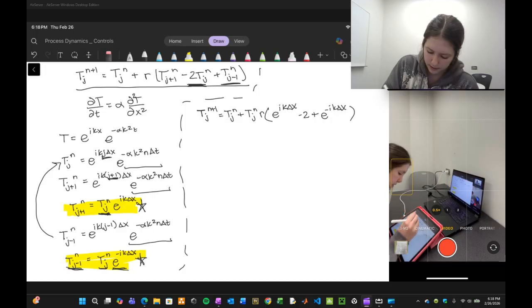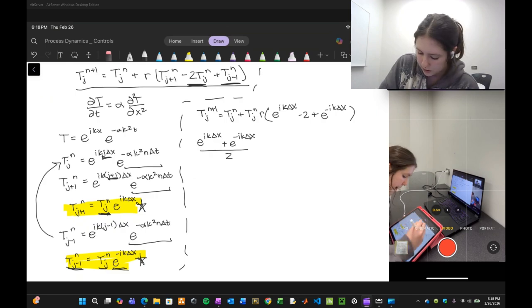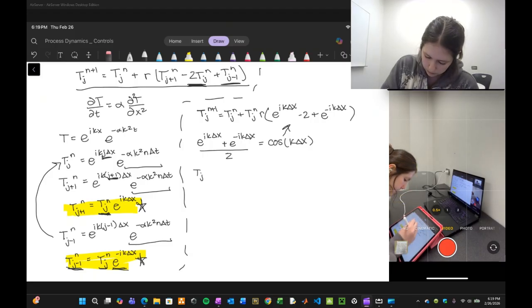And we know this identity of e to the i k delta x plus e to the minus i k delta x over 2 actually equals cosine of k delta x. So we can plug this into the equation up here. I'll just rewrite all of this, which will stay the same.